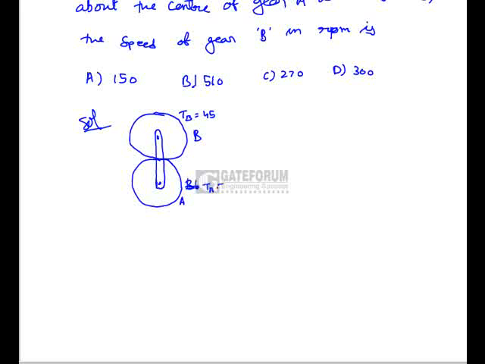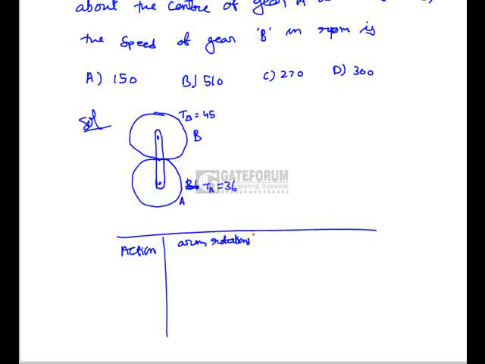Here TA is 36. Consider the tabular method for epicyclic gear train. Let us divide this table in three columns: one for action, and others for revolutions of arm, revolutions of A and revolutions of B.